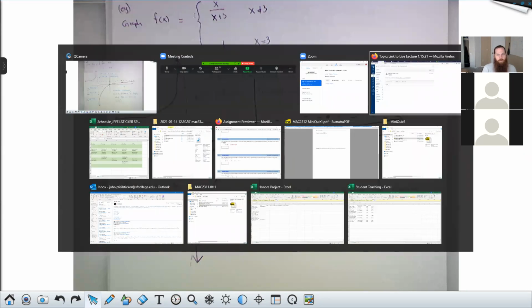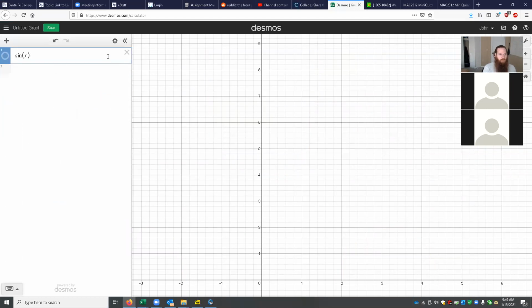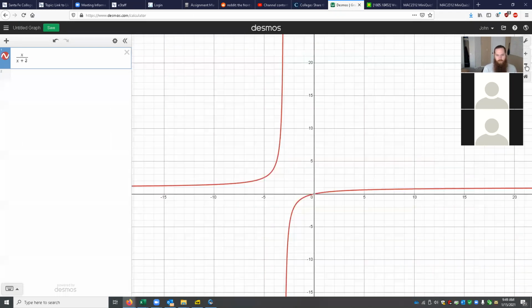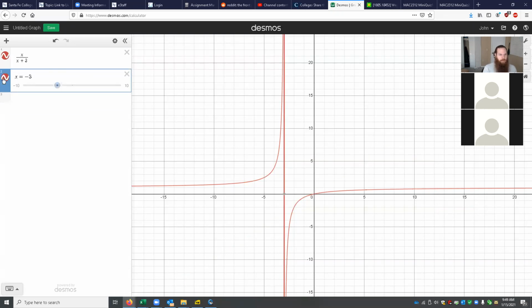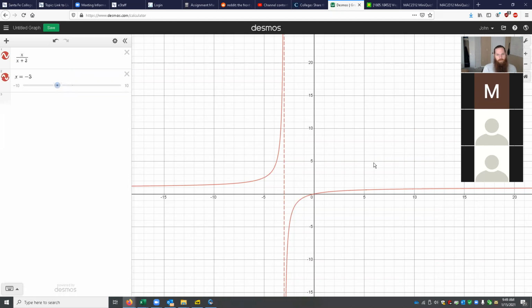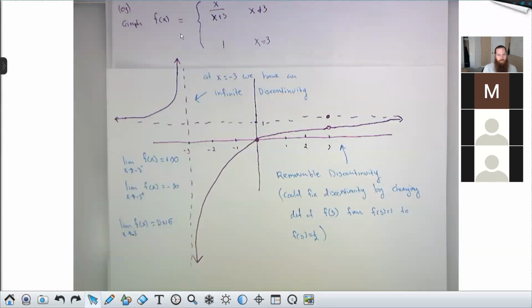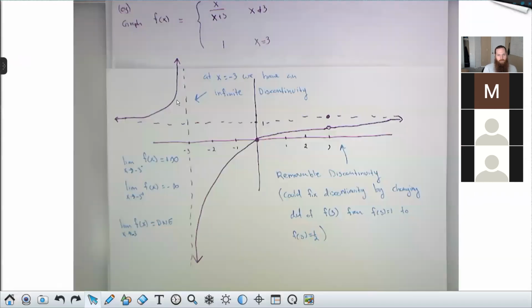If we graph just x over x plus 3, sorry, this is my Calc 2 class yesterday, on the appropriate size window, you'll see that it does have this discontinuity, this vertical asymptote here at x equals -3. So that's what I have right here, this vertical asymptote at -3. And you can kind of see what I mean by the branches of the hyperbola being scaled the same. I just ran out of space up here.